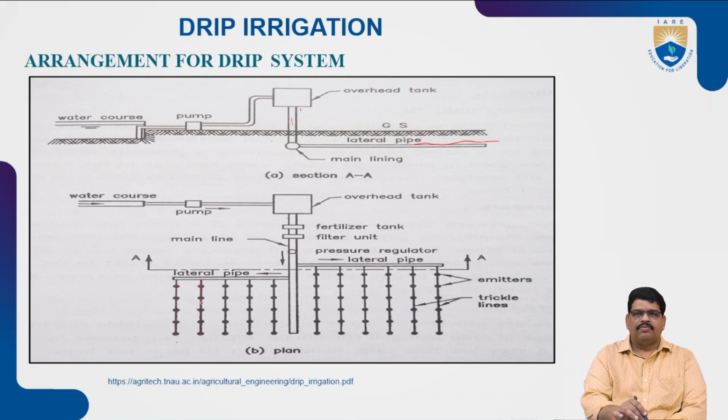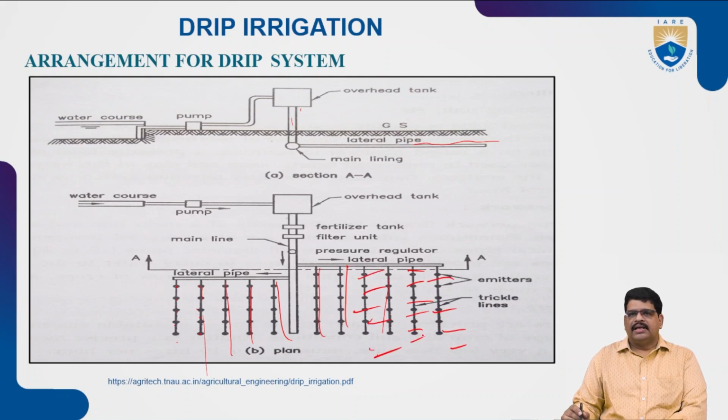Of course, the pipelines of the drip irrigation system are laid here. The plants will be supplied with water equally, and the distance between the plants will also be the same. Exactly the water required for the plants is supplied directly, very near to the plant.